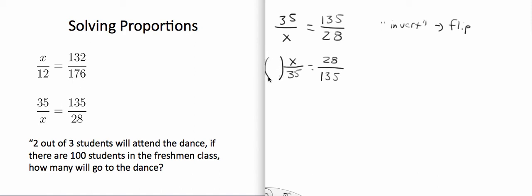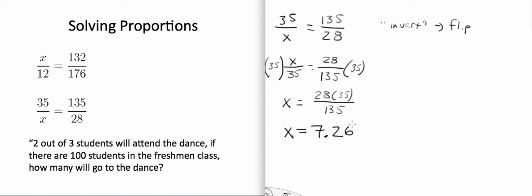So now we undo division by multiplying by 35 on each side. So we've got x is equal to 28 times 35 divided by 135. And when we type this into our calculator, we get an answer of x is equal to 7.96.